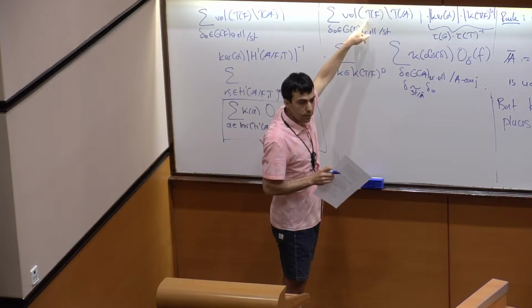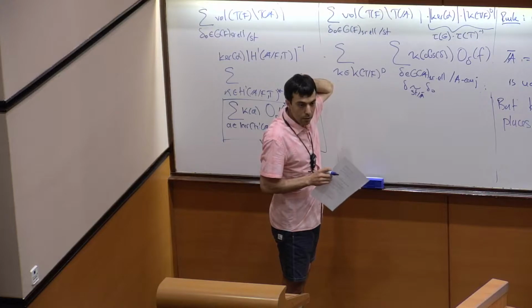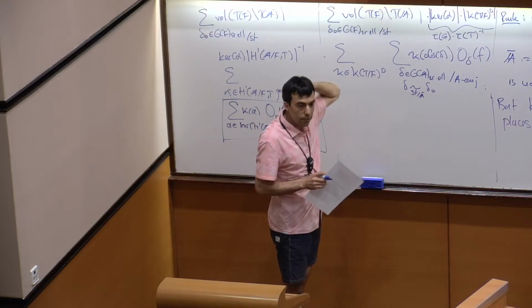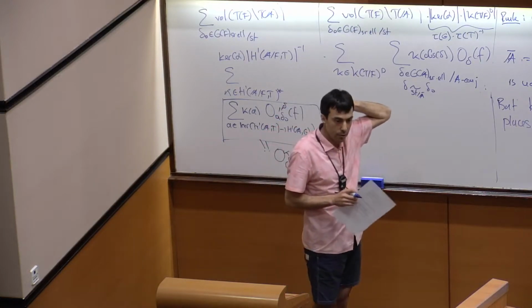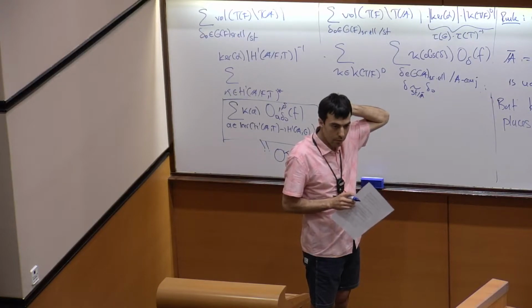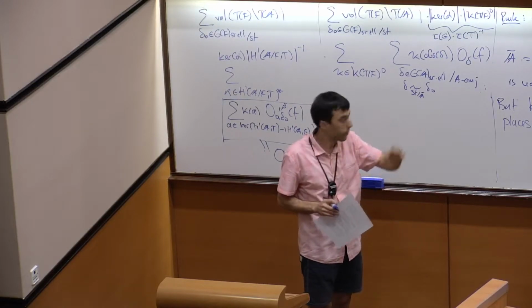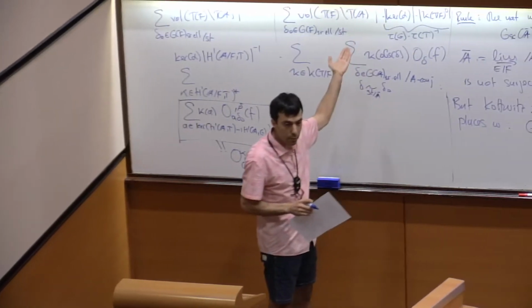But I still have the Tamagawa measure on T. That is fine even if T is G_m. Yes. But I'm taking the volume with respect to the Tamagawa measure. Yes. I understand. But isn't that what the Tamagawa measure is doing? It has the local components exactly so that the volume of this is by definition a Tamagawa number, which will be 1.